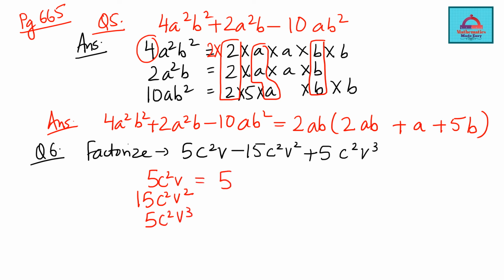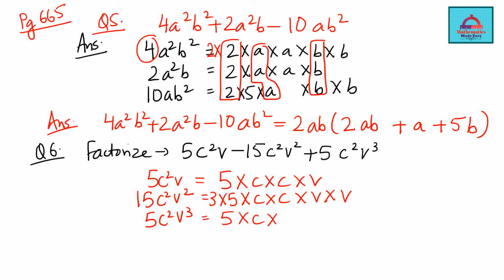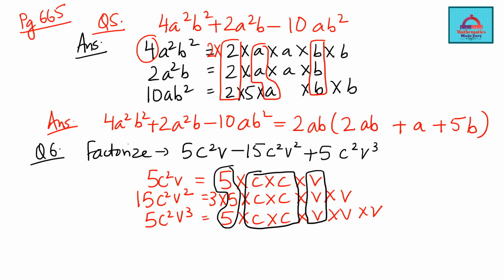See, this is 5 multiplied with c multiplied with c multiplied with v. This is 3 multiplied with 5 multiplied with c multiplied with c multiplied with v 2 times. Then 5 multiplied with c multiplied with c v 3 times. So what is common? In the number 5 is common, in the variable c square and then v also.